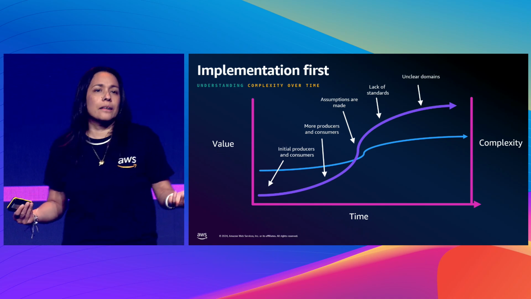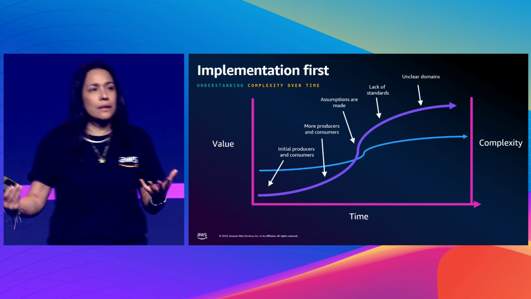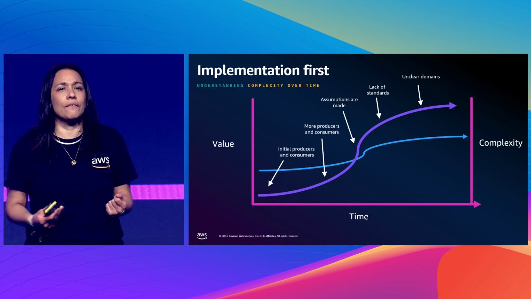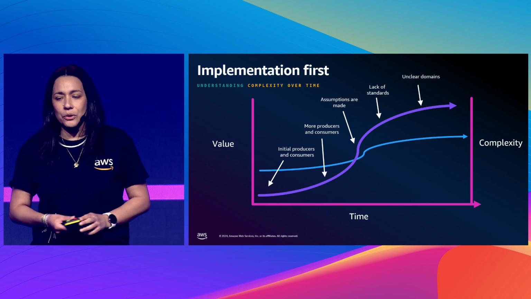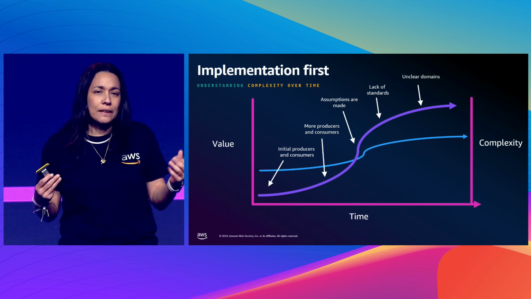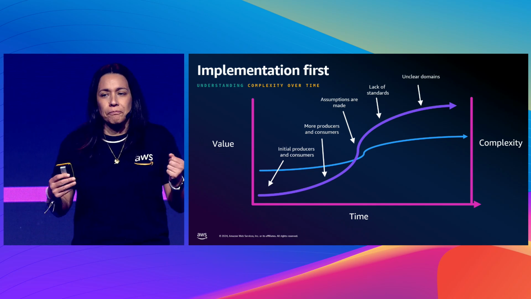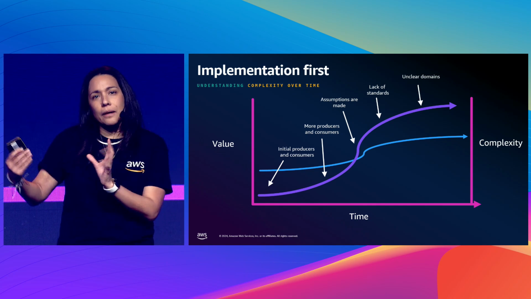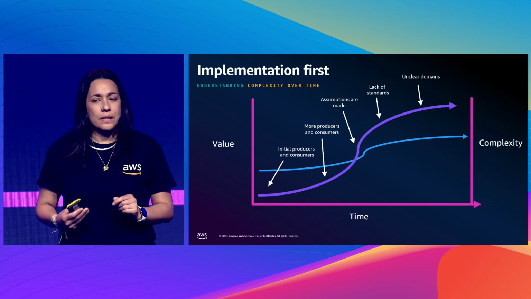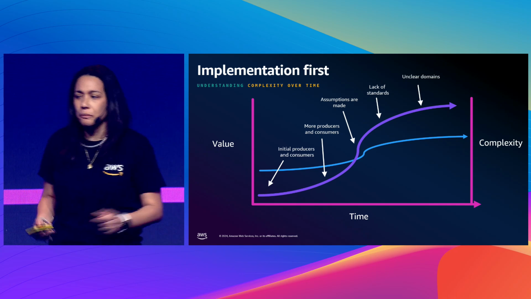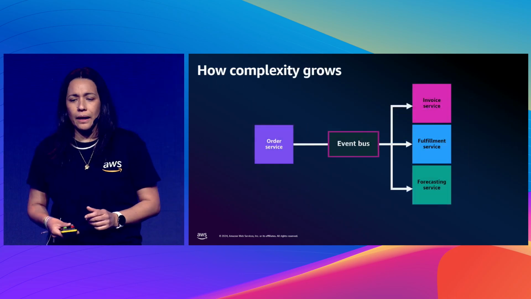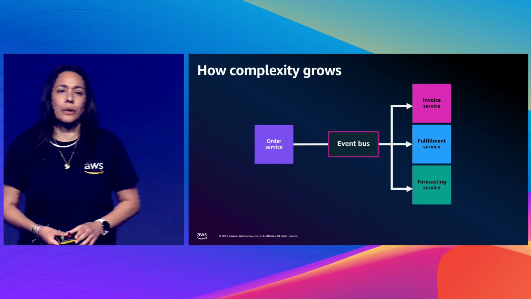We lacked the standards, so we now have a lot of events flowing, and we don't really know what those events are, what is inside those events. And suddenly we have these unclear domains. So what are the boundaries between our systems and our domains? That has not been defined. And complexity can grow very quickly.